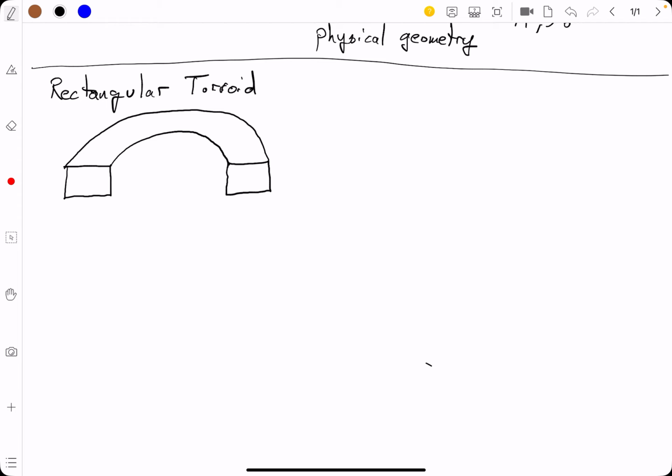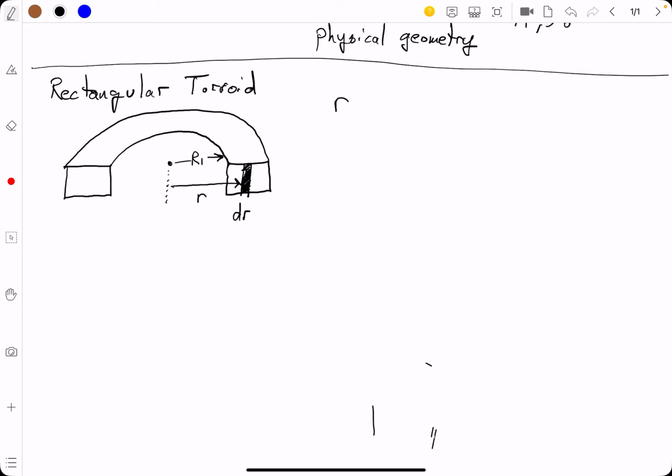And we've got some radius R1 to this point. This is the center, right? And we'll have some segment of this thing that we're going to call dr. And then to this point, we've got r.